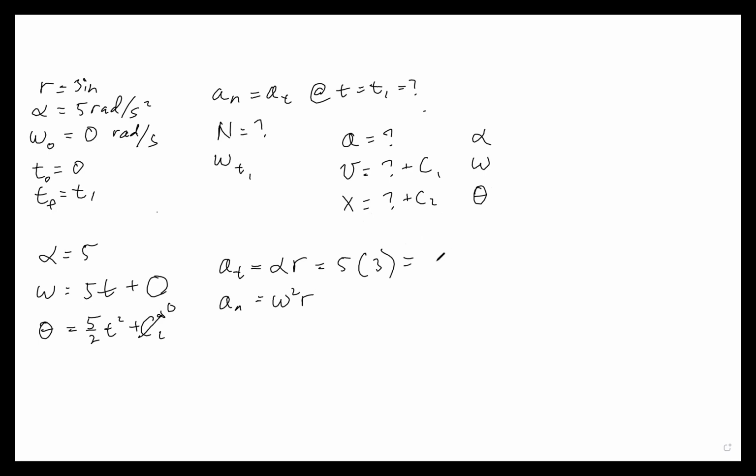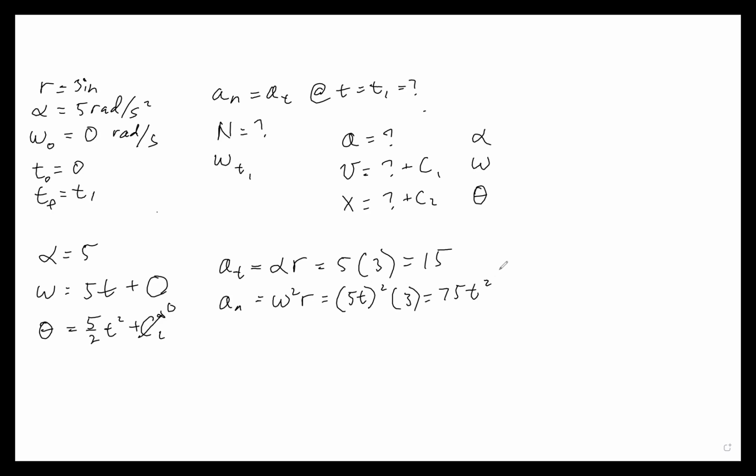So therefore, the tangential acceleration is 15. And the normal acceleration: omega is 5t, and then we'll square it, and the radial distance is 3. So we'll end up with 75t squared.